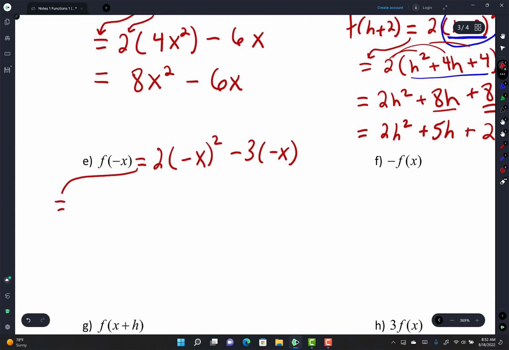Equals 2, and I don't have to put a parenthesis there. Negative x times negative x is a positive x what? Perfect. Negative 3 times negative x, that's going to be, not everyone at the same time. Yeah, negative times the negative is a positive, positive 3x.